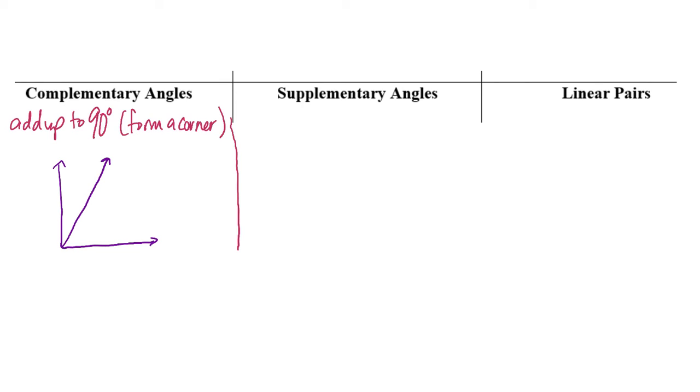So you would have them maybe labeled where this one would say like this is 34 degrees and this is X, solve for X. And it'll be marked with the little right angle corner. So we know that it adds up to 90. So then we can say 90 minus 34 equals 56. So X is 56 degrees.